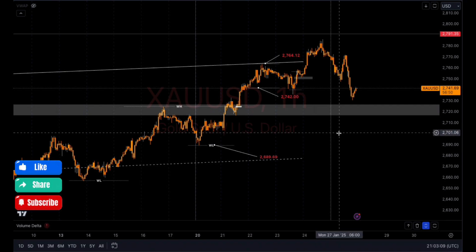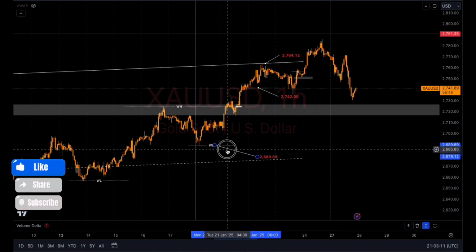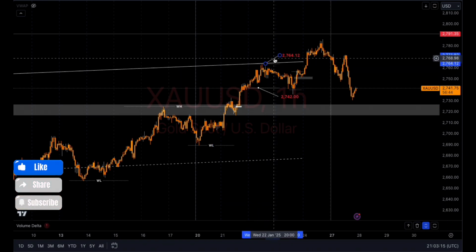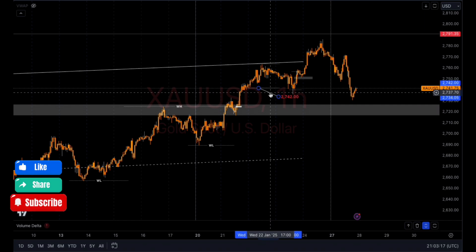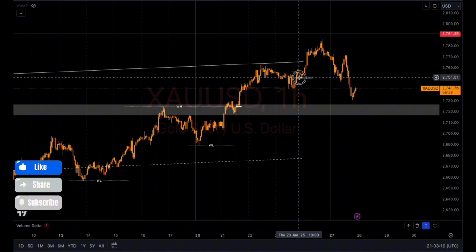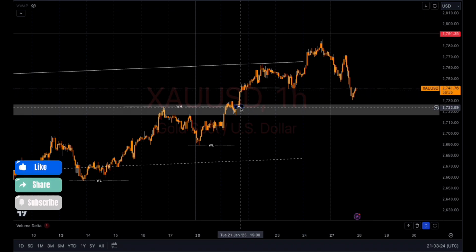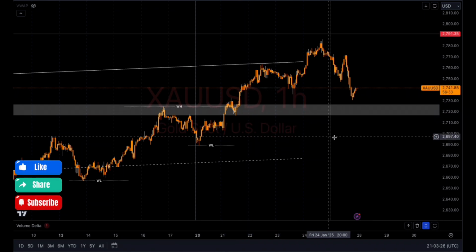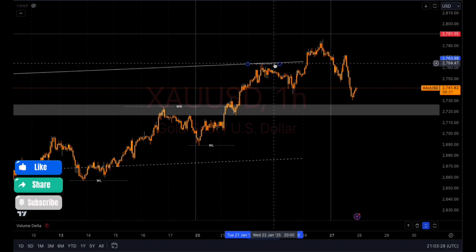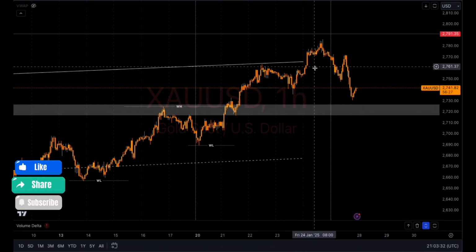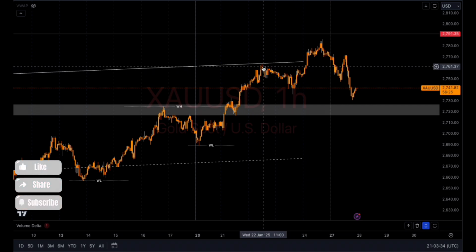Okay, and then let's get rid of these levels over here because we no longer need them for now. Let's get rid of all of these. Let's get rid of this as well, because we were hoping that we had it. I kind of had an idea that last week this high wasn't the ultimate high.